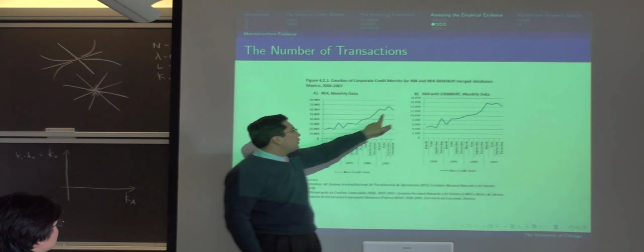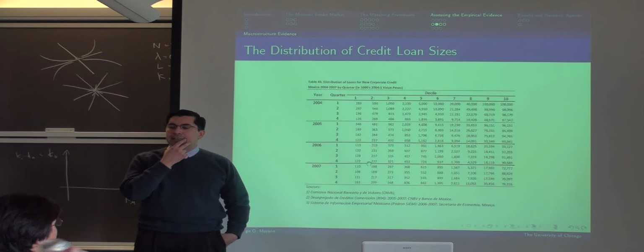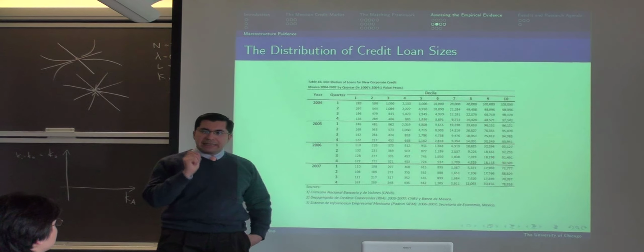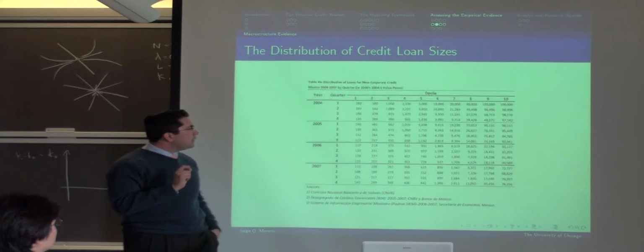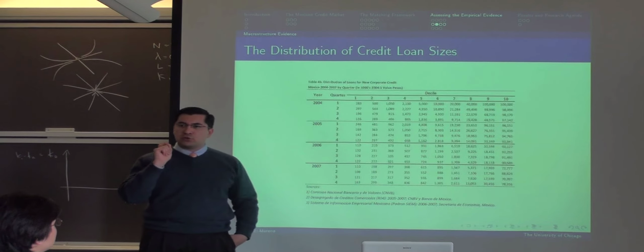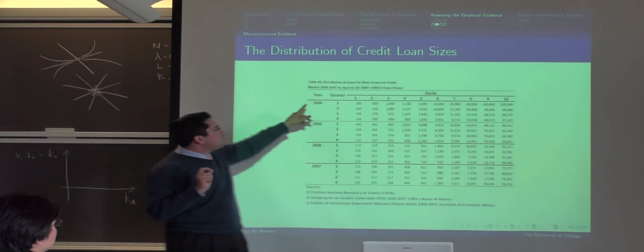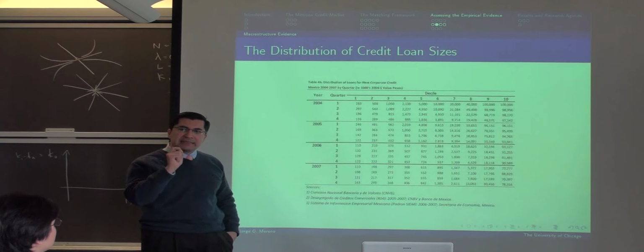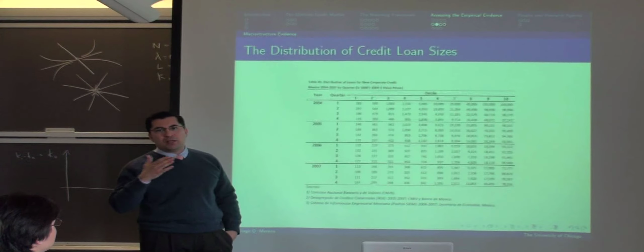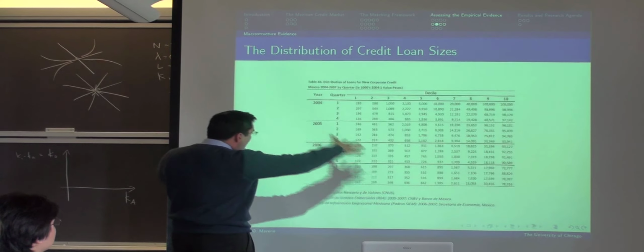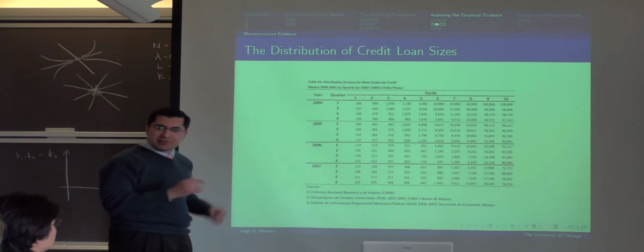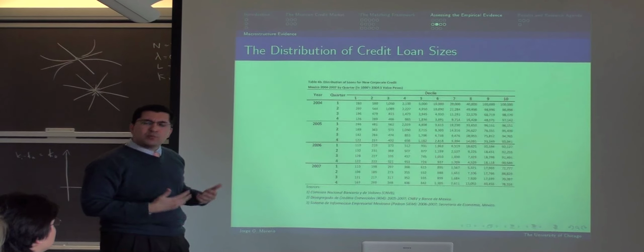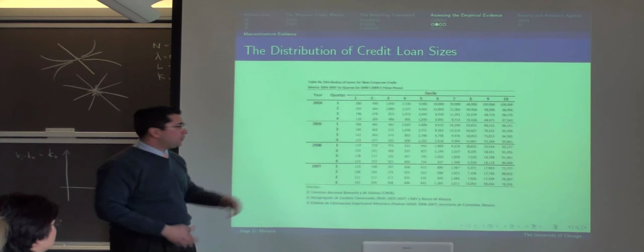But what's going on with the distribution of sizes? So what I did was to create the distribution of loan sizes in thousands of real pesos per quarter and analyze that dynamically. So I'm going to recover the observed distribution of contracts in time. What do we observe from this exercise?